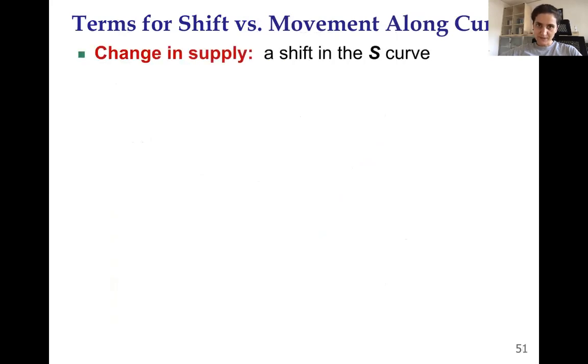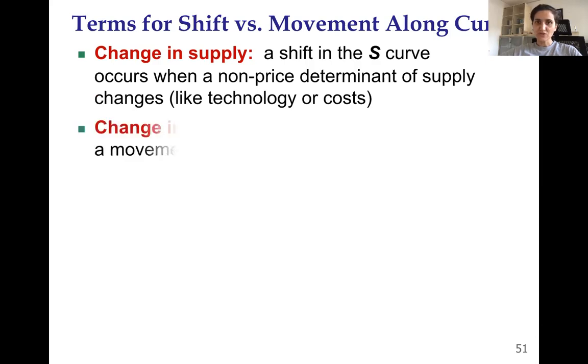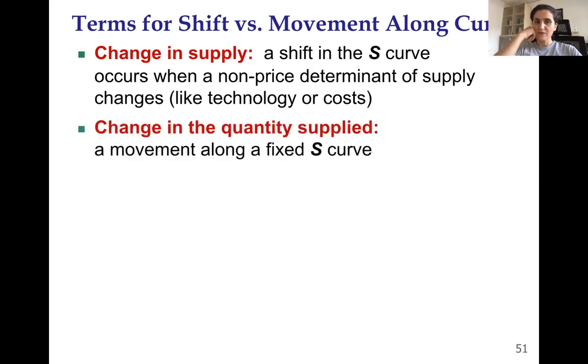A change in supply means a shift in the supply curve, which occurs when a non-price determinant of supply, like technology or costs, changes. A change in the quantity supplied means a movement along the curve, which occurs with a price change.